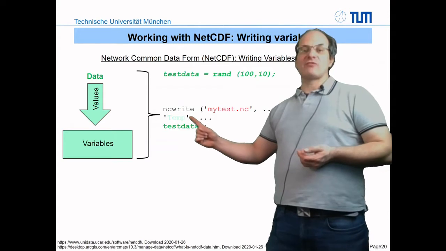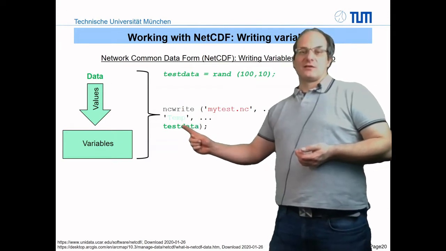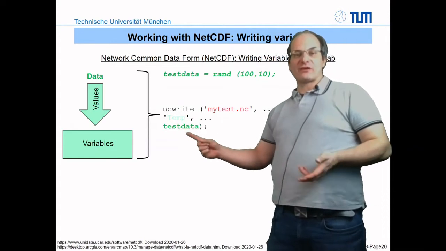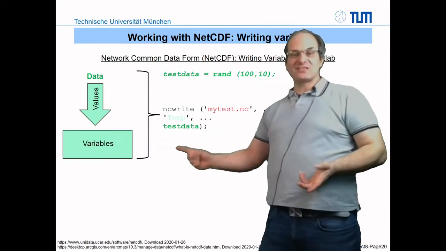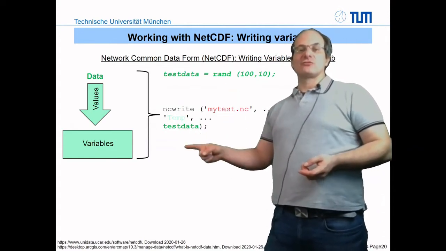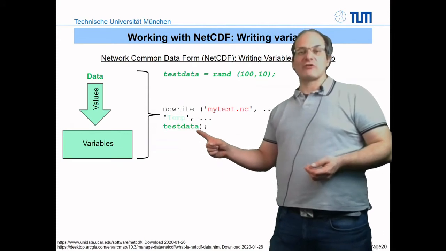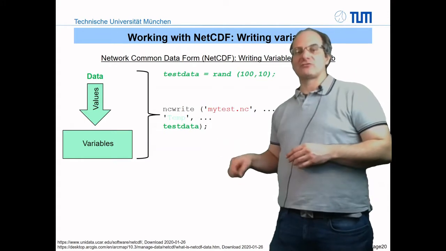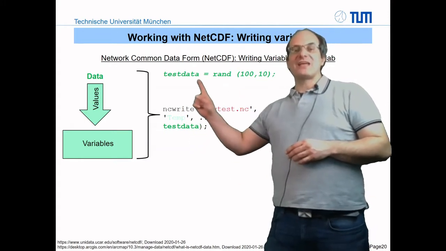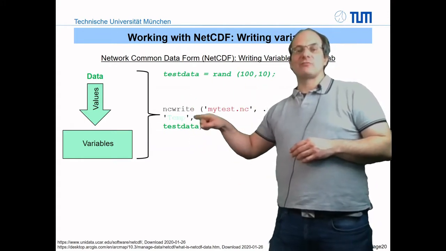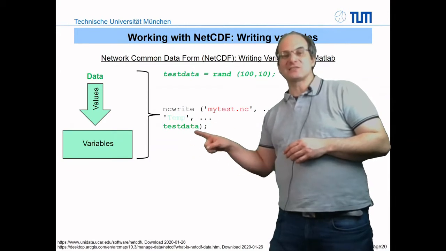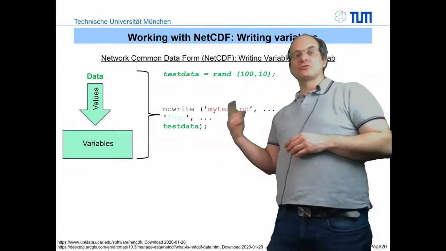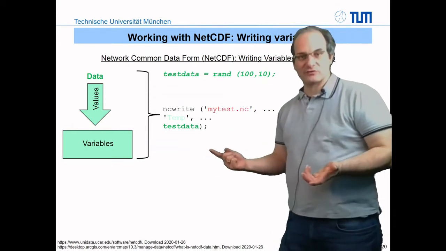Then you name the variable and you hand over the matrix or the vector which you want to send in. This vector must exactly fit the size of the variable, or you have to use pieces of it. I will show you later how to do this, but you create exactly the size of the variable. If you use it in this method and this version, then it's exactly the size which you used for the definition, for the creation of this variable.